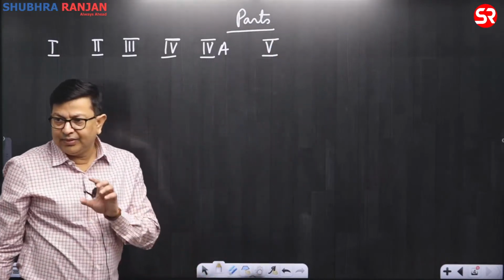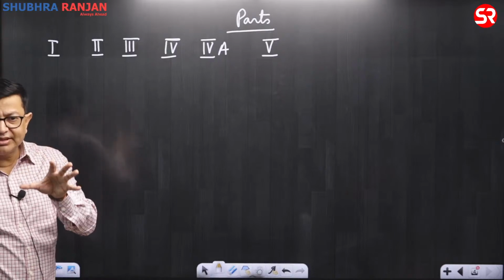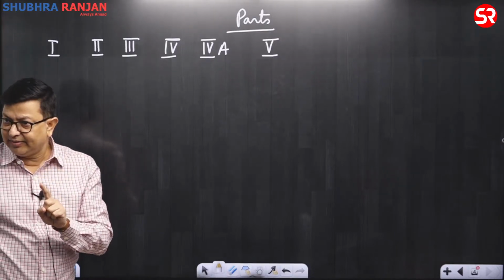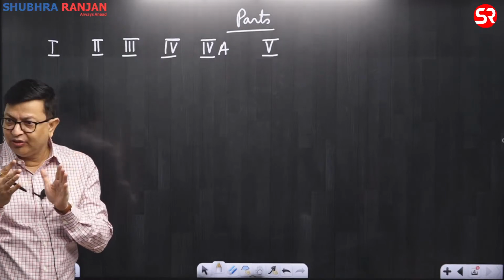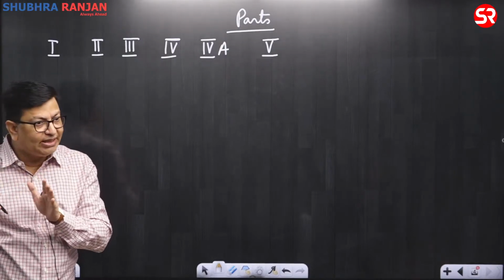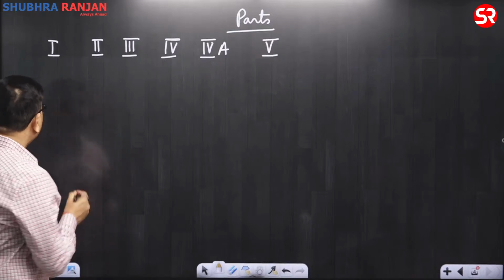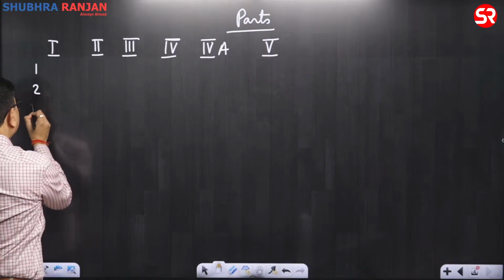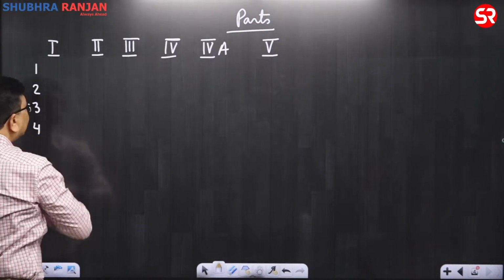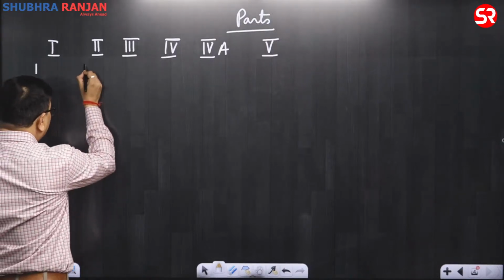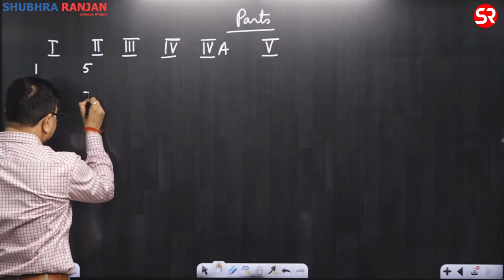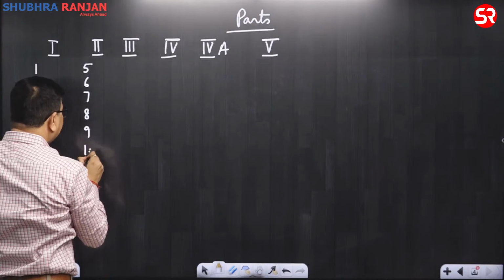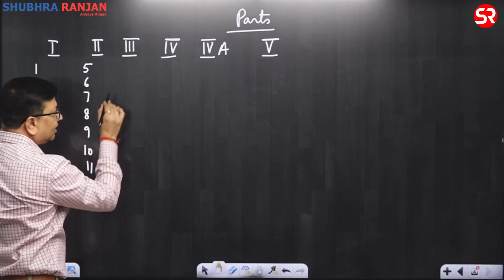First of all, the part comes, and after the part, the articles are there. So, within the parts, we have got the articles, that is the provisions of the Constitution. For example, part 1, articles 1, 2, 3, 4. Part 2, 5, 6, 7, 8, 9, 10, 11, like this.